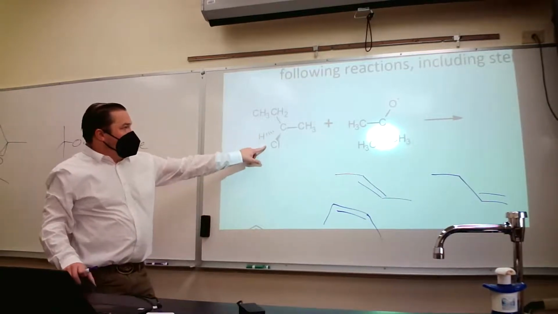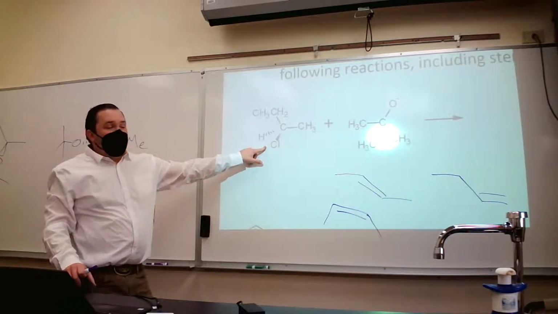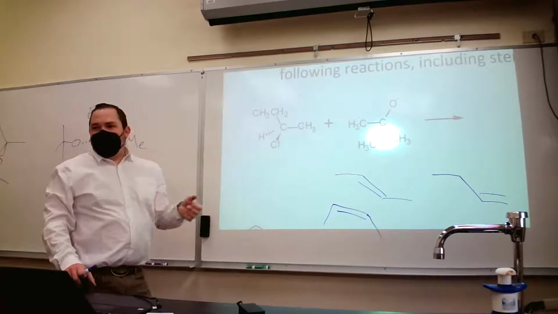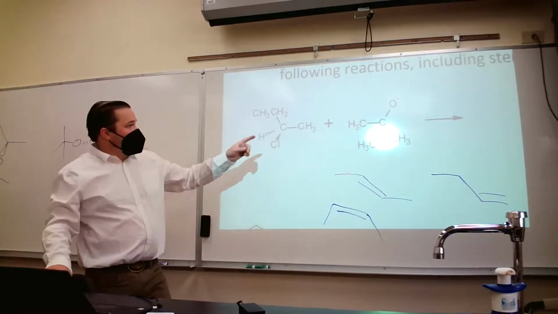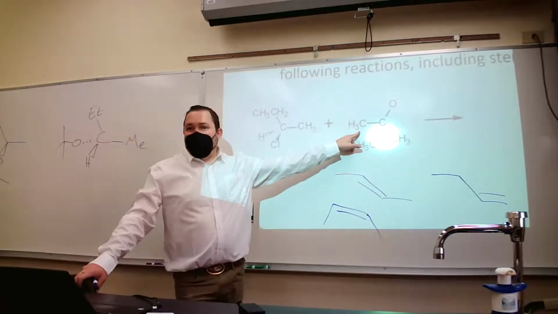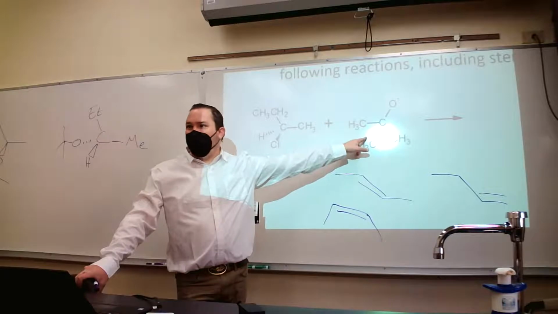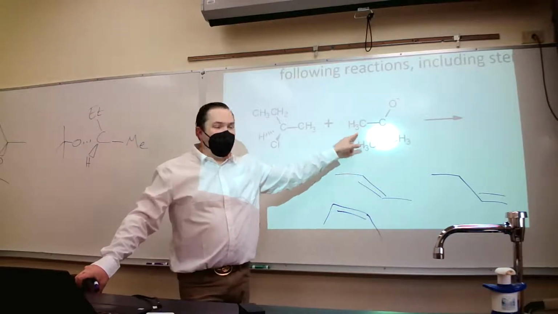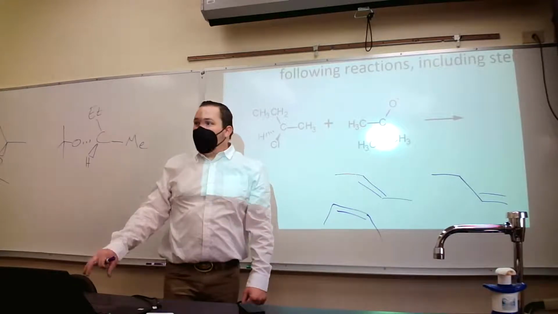So secondary leaving group, that means it's middle of the road. That could go either direction. But that's a big bulky base. It's a good base, but it's a bad nucleophile because it's got these carbons around it. So we would not expect to see any substitution.